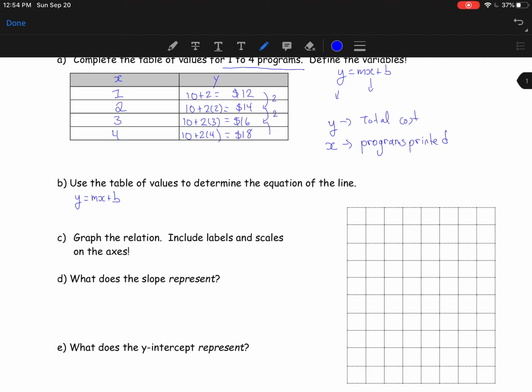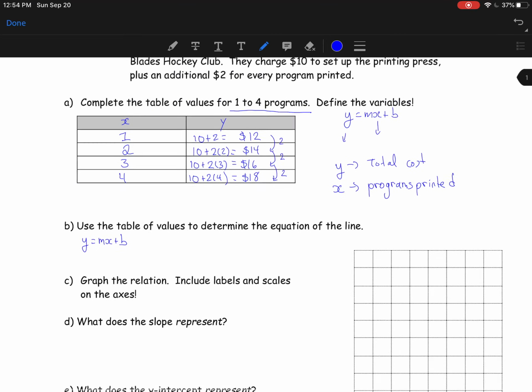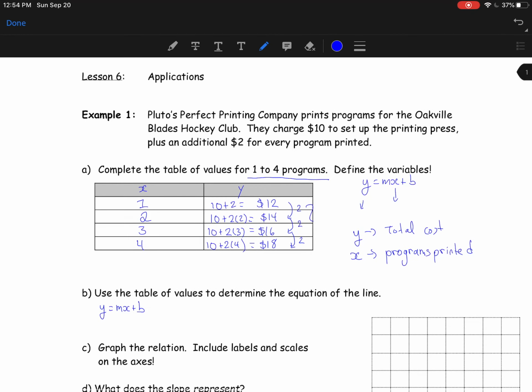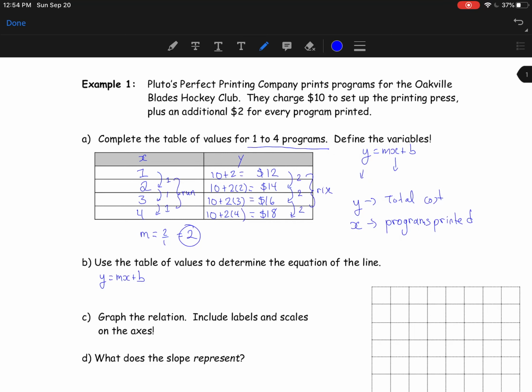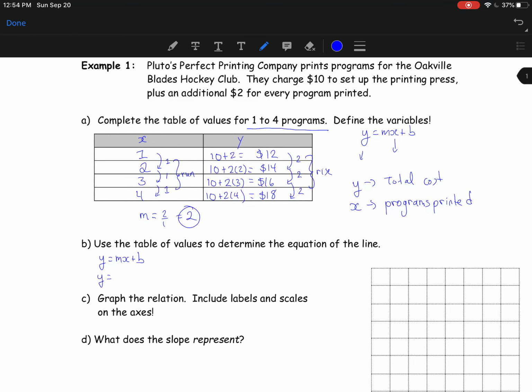Every time we're going up 2. Remember in the first lesson, to find our slope from a table of values, the y values going up are called the rise, and the x values are all going up by 1, which is called the run. Then we just divide: m equals 2 divided by 1, which equals 2. That makes sense, because every time we buy an extra program, we pay an additional $2.